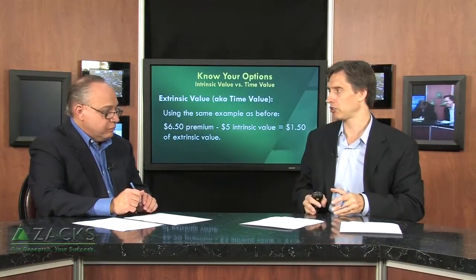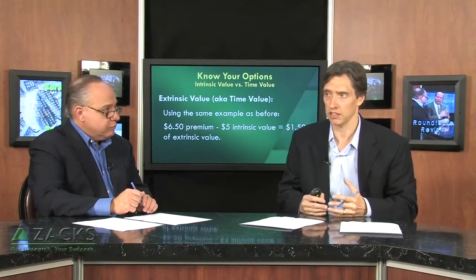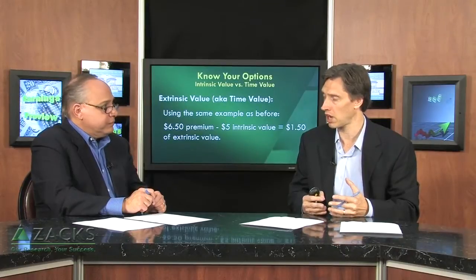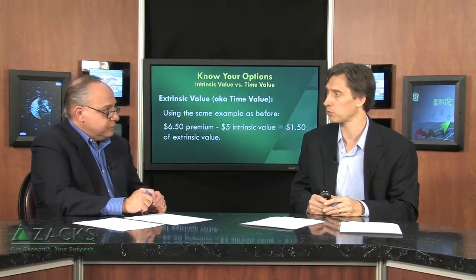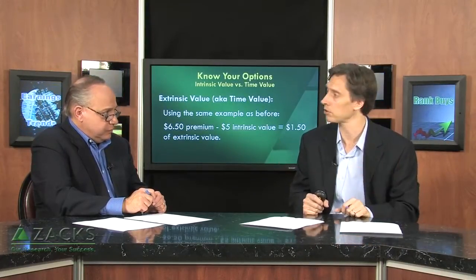But at expiration, it absolutely matters. It is a critical thing because at expiration, your option's value consists exclusively of intrinsic value. So that is where push comes to shove, and that is where it will be determined whether you are profitable or unprofitable on your trade.